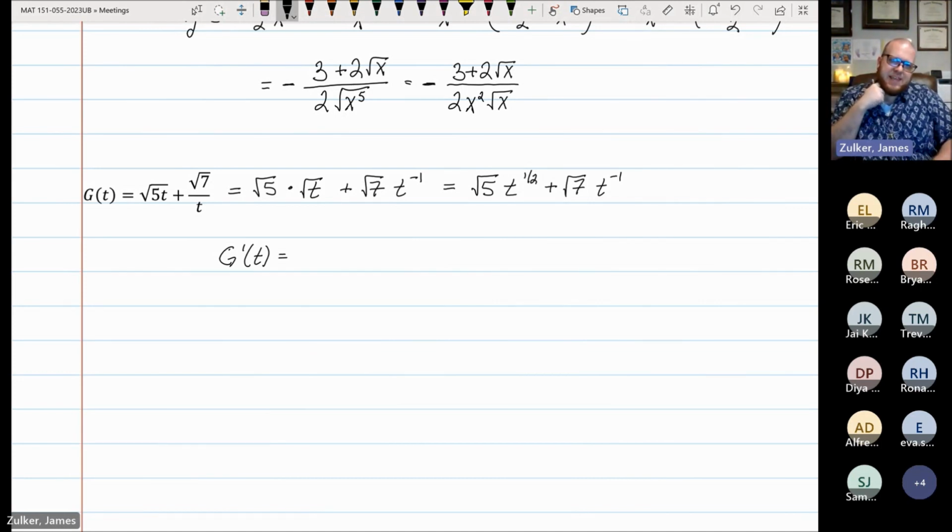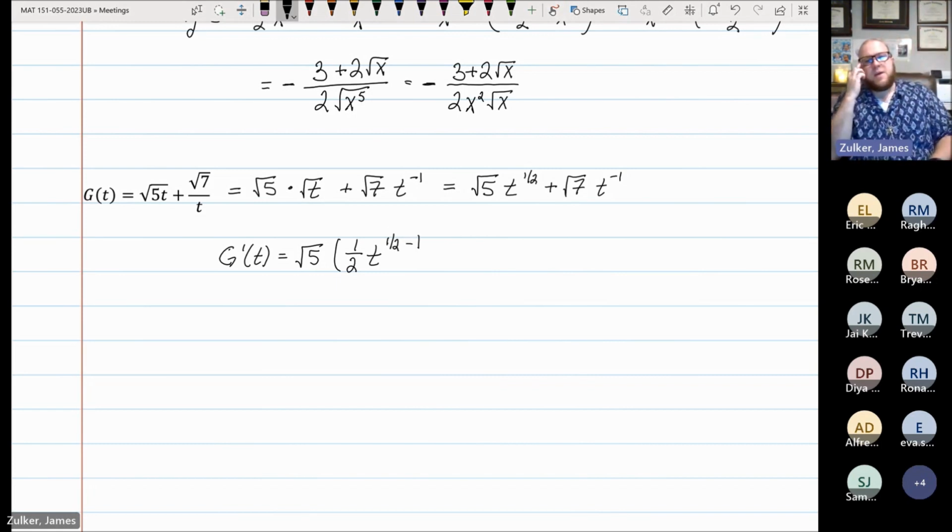G prime of t. That square root of 5 is a constant. Bring the power down.